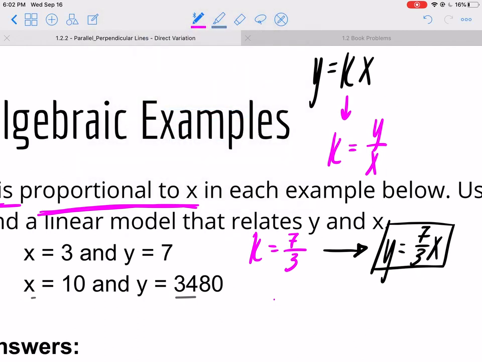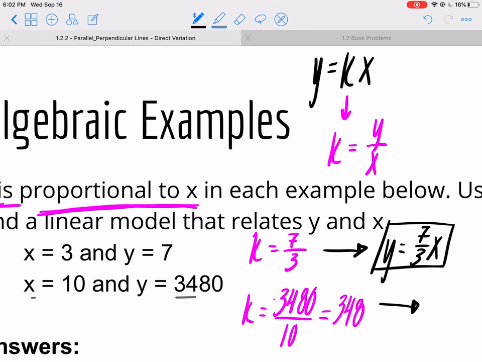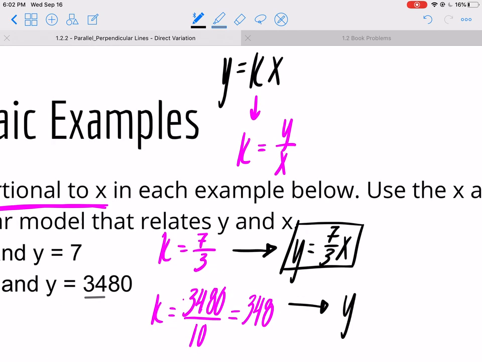Then the next one, we've got k equals, again, y divided by x. This time we can simplify this. 3,480 divided by 10 is 348. And then when we write this as the equation, we get y equals this constant, 348, times x.